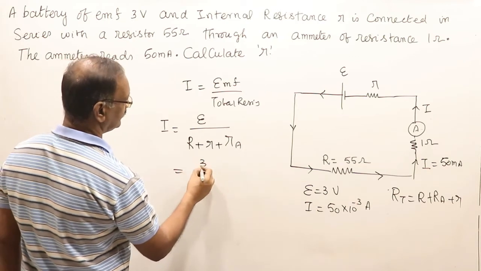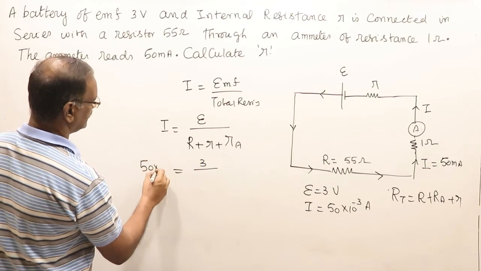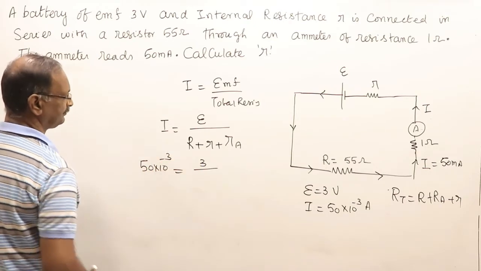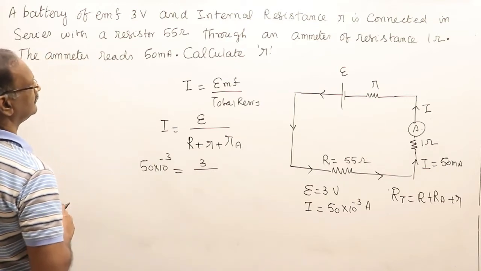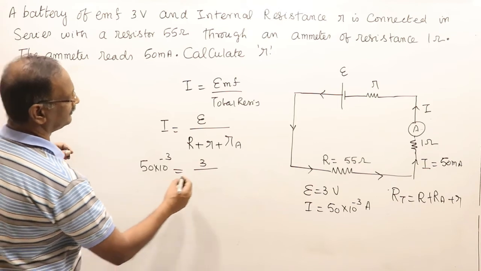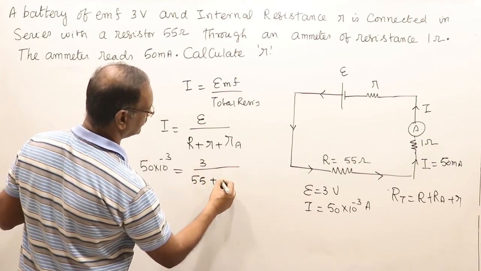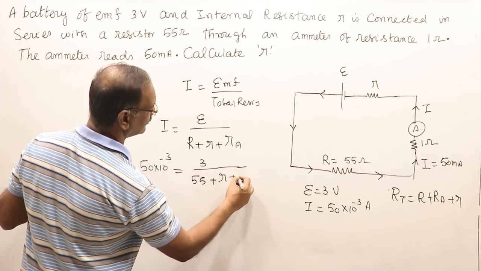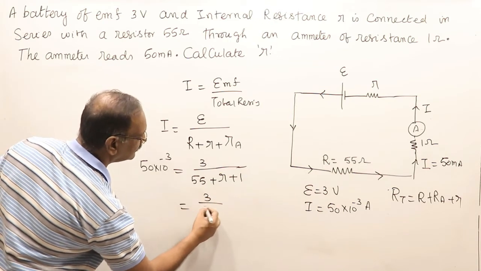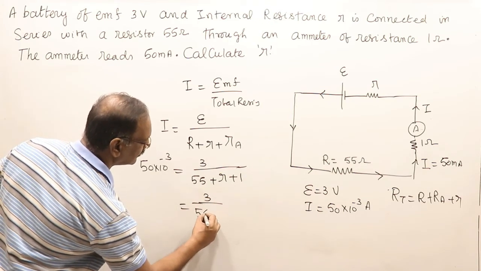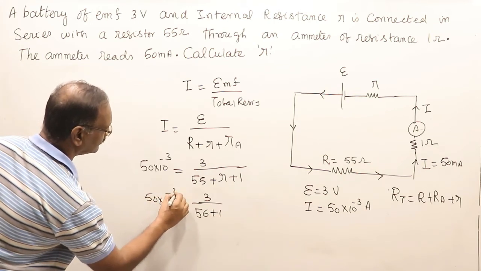So this is equal to 3 divided by, the current is also given, 50 into 10 to the power minus 3. The external resistance R is given, R is equal to 55. It is given the external resistance is 55, the internal resistance is r, and the resistance of the ammeter is equal to 1. So 3 divided by 56 plus r is equal to 50 into 10 to the power minus 3.